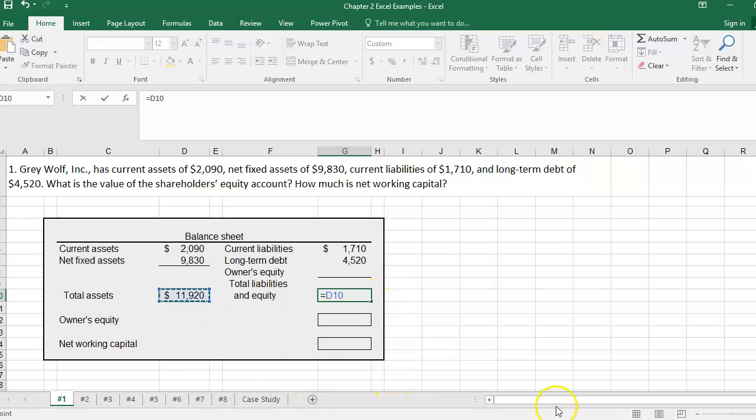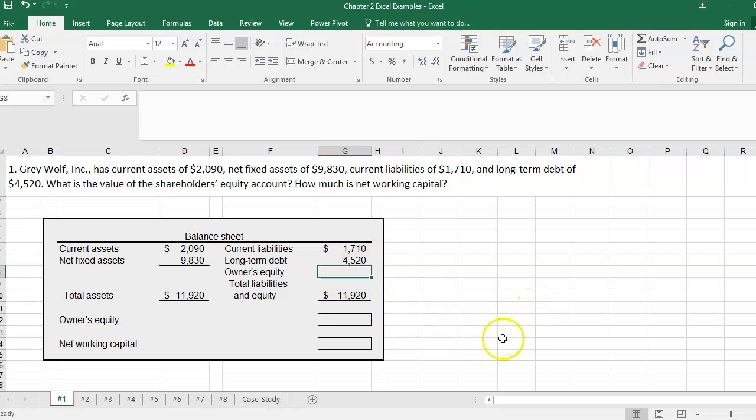However, we know that total liabilities and equity must equal total assets. That's the balance sheet equation. The general accounting equation is that assets equal total liabilities plus equity. So our owner's equity amount is whatever number we need to get this number to equal 11,920.